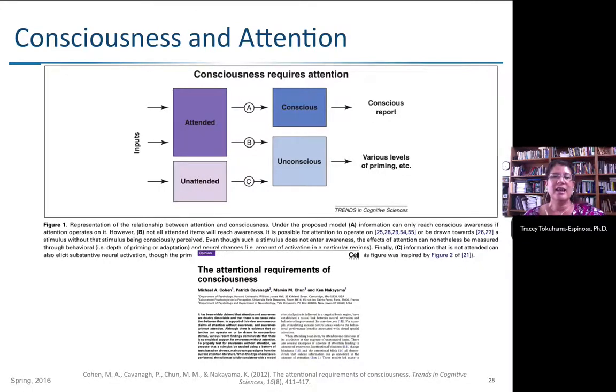So the idea of developing consciousness is that you are aware when you have paid attention to an external stimulus. They presume that occurs, but they also know that in reality, not all attended items are going to reach awareness. So just paying attention does not guarantee that something gets into consciousness, right? It is possible for attention to operate or be drawn towards a stimulus without that stimulus being consciously perceived.